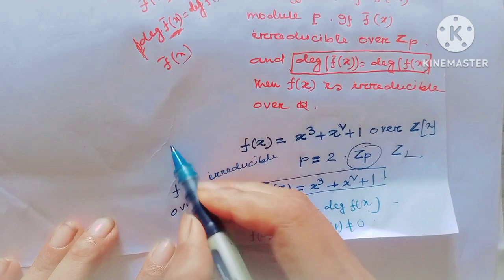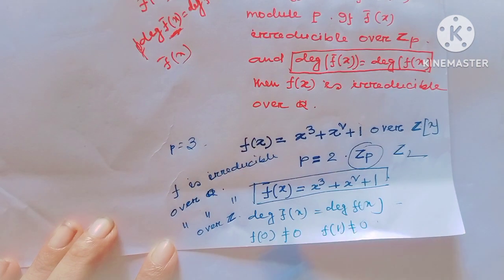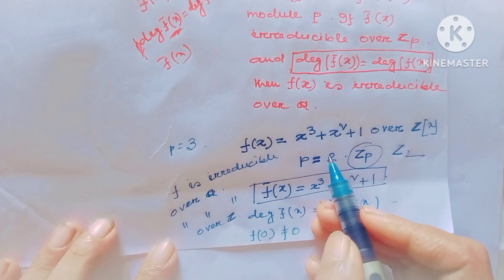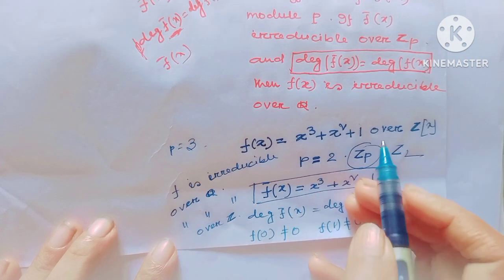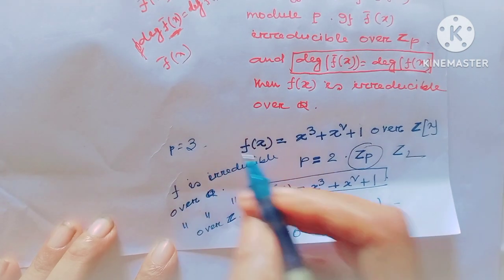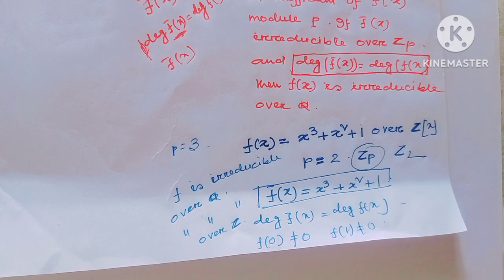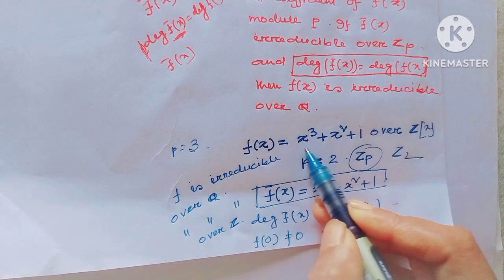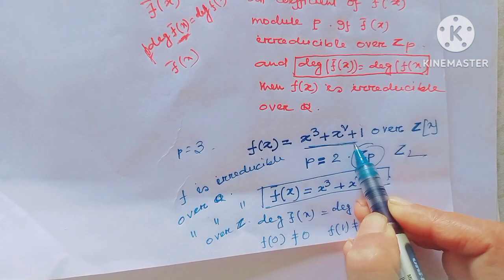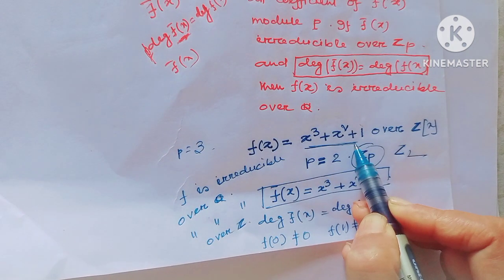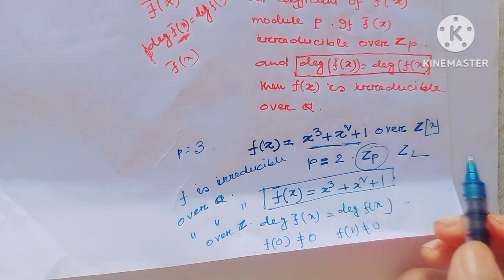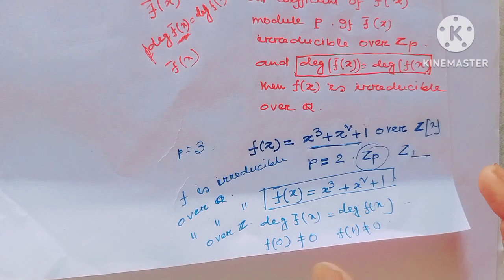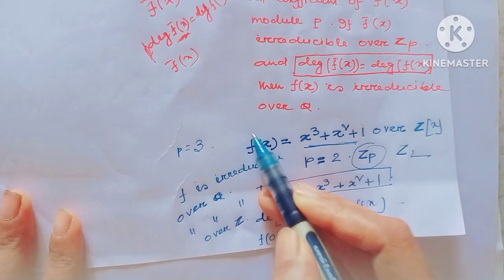But if you consider p equals 3, then notice f(1) would be 1 plus 1 plus 1, which is equal to 3, which is congruent to 0 in mod 3. That means in Z3, the polynomial is reducible. But we cannot conclude anything about the reducibility or irreducibility of this polynomial.